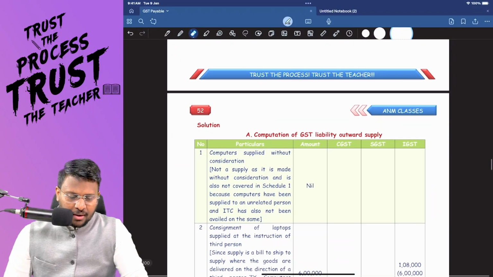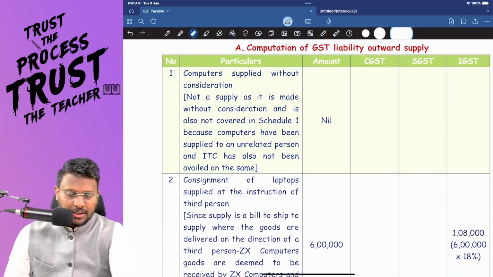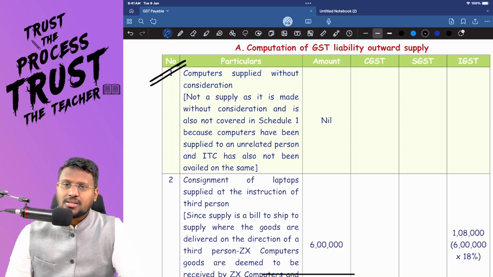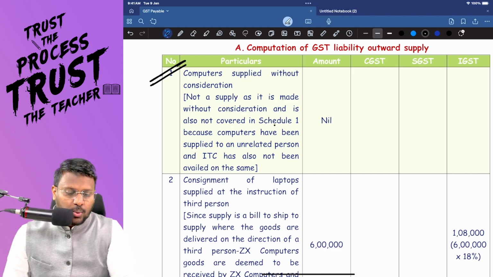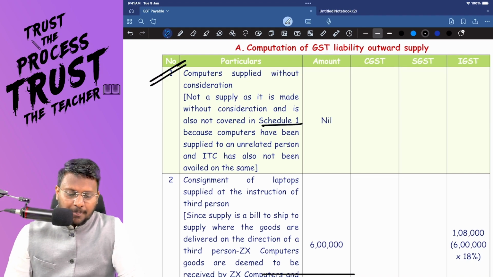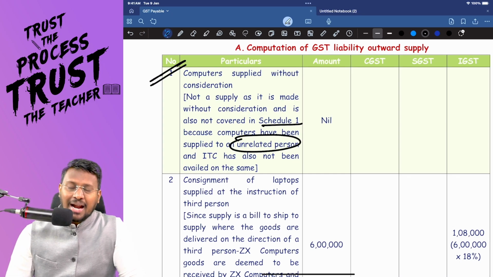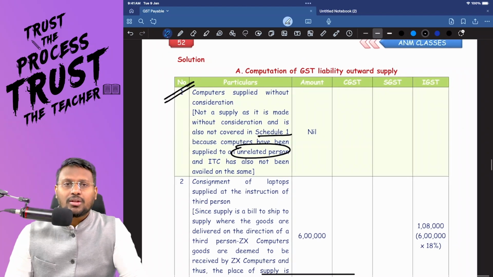So look at here. Computer supplied without consideration is not a supply, as it is made, first of all, without consideration. There is no consideration. Since there is no consideration, that activity or transaction will not fall in section 7 subsection 1 clause A, and is also not covered in Schedule 1, because the computer has been supplied to an unregistered, unrelated person, and ITC has also not been availed on the same.